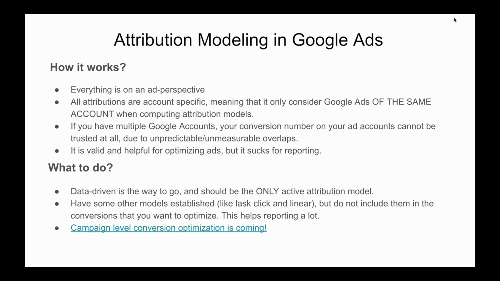Honestly, unless you have a very good reason to use anything else, it should be your only active attribution model. However, you are encouraged to set up other attribution models on Google Ads, but just turn them off. By turn them off, I mean do not include them in the optimization for the conversion. And there's an option to do that. It helps you compare the results of different models, and it will help you understand your interaction with your consumers a lot.